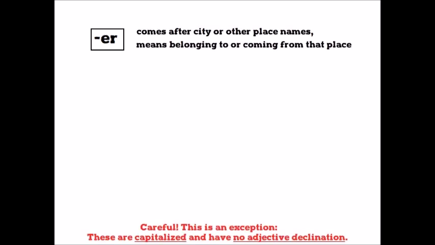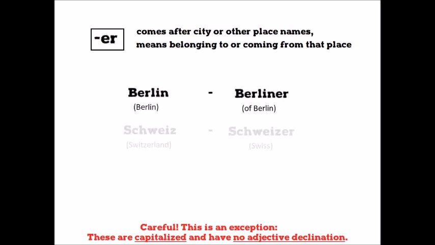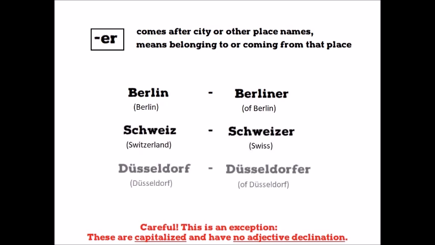Er. This comes after city or place names, meaning belonging to or coming from that place. These adjectives are capitalized because of the place names. Berlin, Berliner. Schweiz, Schweizer. Düsseldorf, Düsseldorfer. Fach.